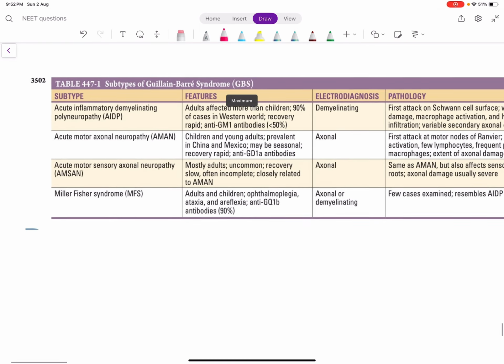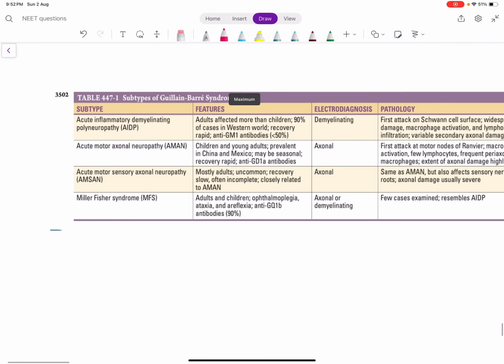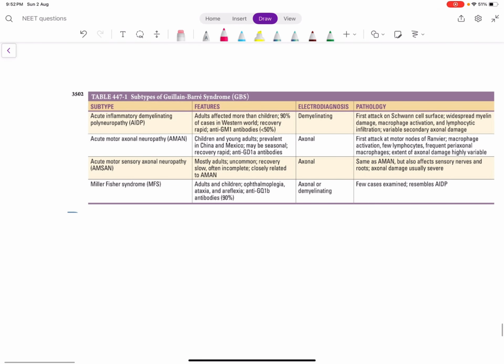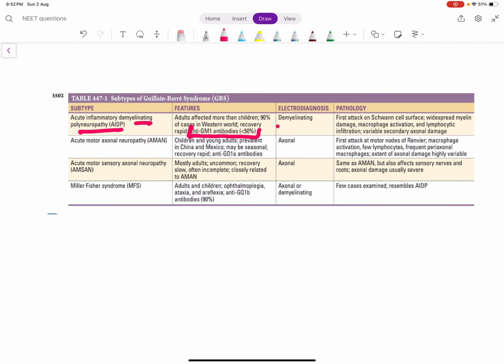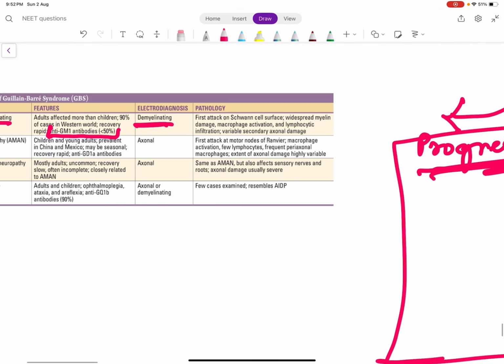So there are a few subtypes. The commonest subtype of GBS is acute inflammatory demyelinating polyneuropathy. Adults are most commonly affected. The antibody which is formed is anti-GM1 antibody. Try to remember it if you can. It is demyelinating. So what happens? Schwann cells are the peripheral nerve myelinating cells. So due to autoimmunity, Schwann cells are affected.